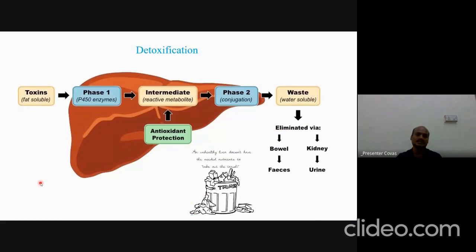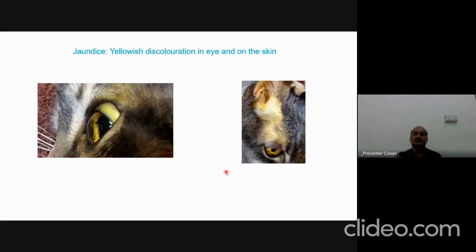Toxins can be excreted via phase 1 and phase 2 transformation, and they will be excreted in the feces and urine. So basically, your liver acts as a trash can, right? If your trash can is working properly, then the toxin molecules and everything can be trashed out. That is the detoxification function.